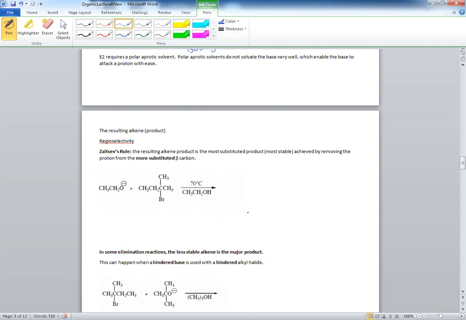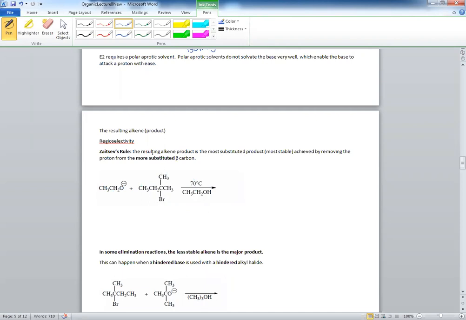And Zaitsev's rule is a very important rule. It explains something called regioselectivity, which means which atom you are choosing to make a bond or break a bond. Regio, like from a region in the molecule. So here is our base, and here is the alkyl halide.